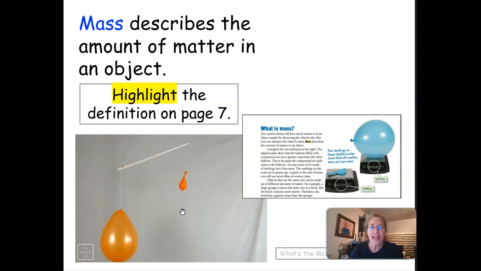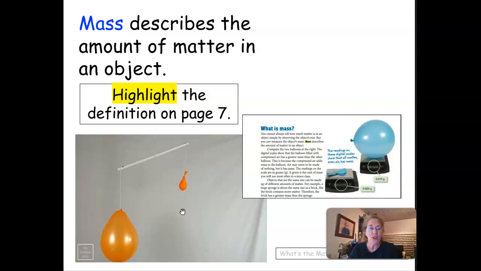It gives you 2 examples: a balloon filled up with air and a balloon that has no air. In your book, it shows you a scale and shows that the blown up balloon has more mass, indicating that the air you put into the balloon has mass.